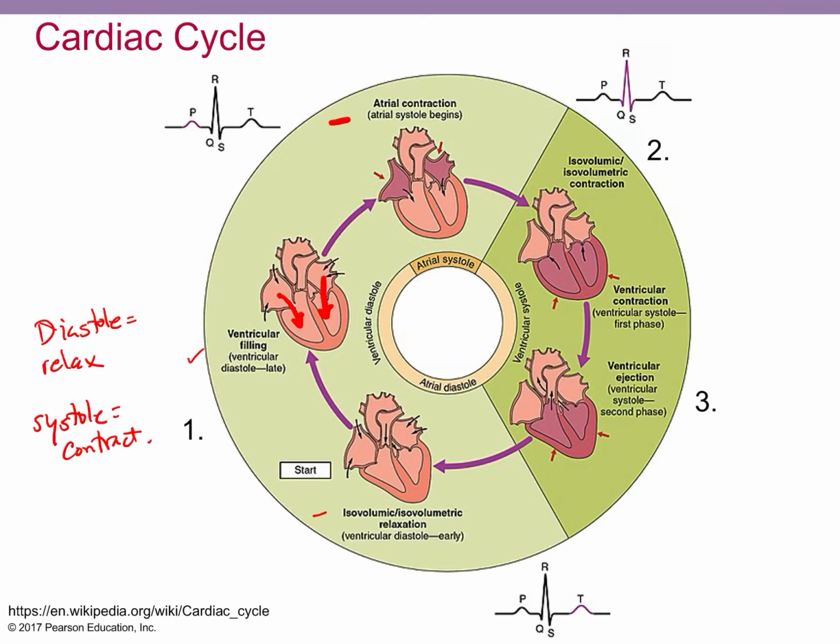At the last part of that, the atria contract just to get that last kick of blood into the ventricles. Then the ventricles are going to contract. The first phase is very quick. It's a very fast isovolumetric contraction. There's no blood going anywhere, just enough pressure to close those AV valves and not enough pressure to open the semilunar valves. Then once that contraction increases, we're going to have ejection.